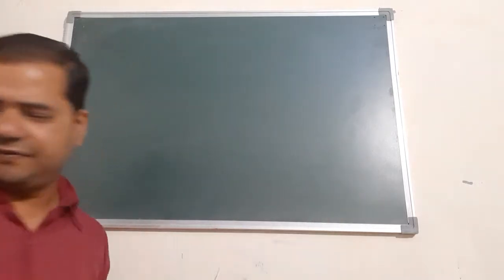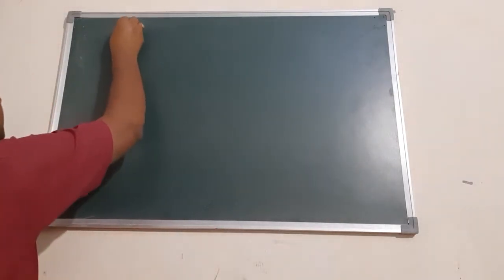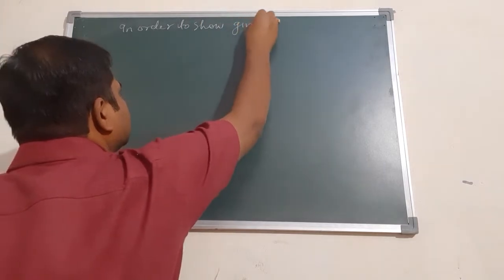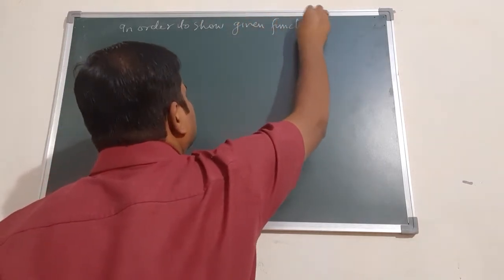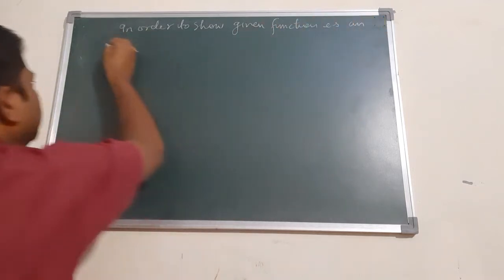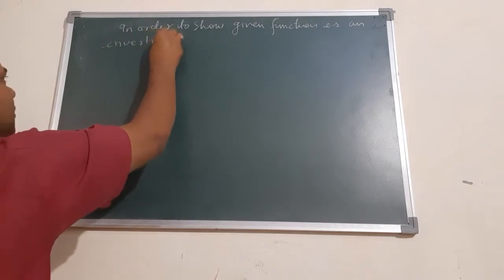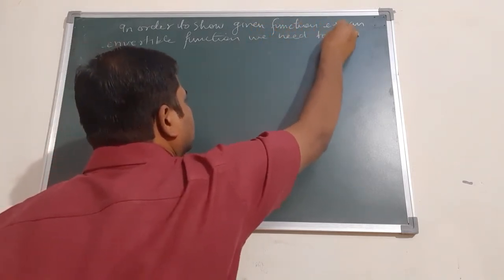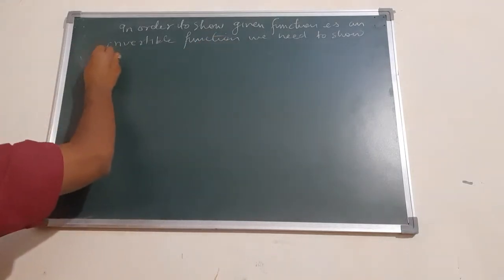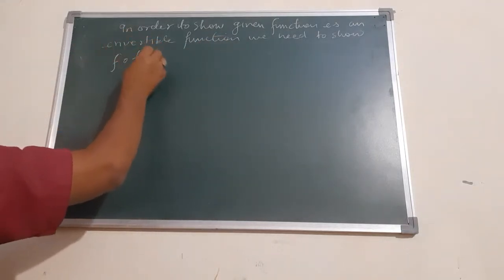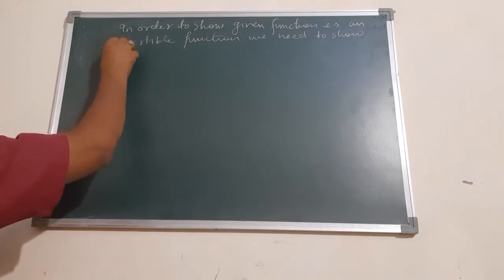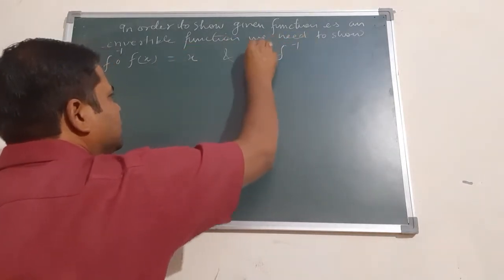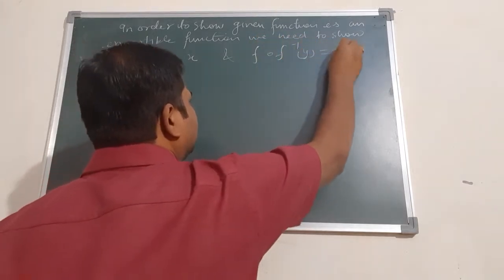Now, in order to show the given function is an invertible function, we need to show f composition f inverse of x is x, and f inverse composition f of y is equal to y.